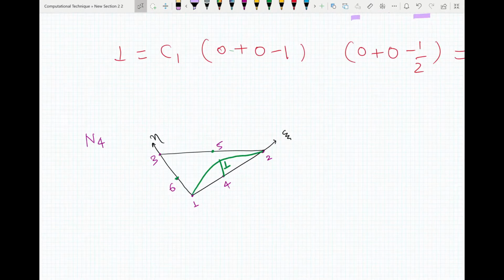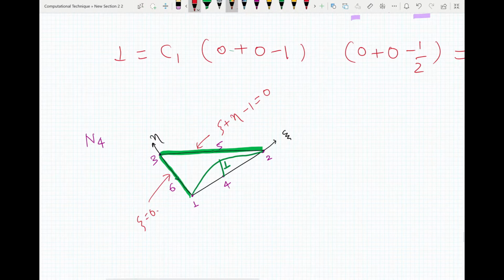Here you can see that the value of your shape function should be 0 along this line and along this line. Now this line here is xi plus eta minus 1 equals to 0, and the equation for this line is xi equals to 0.